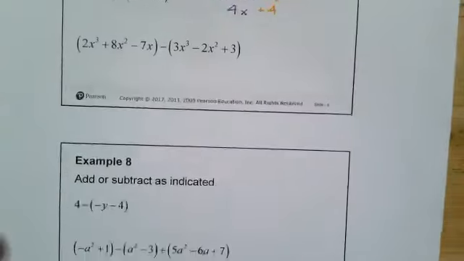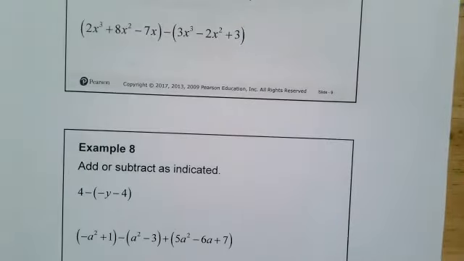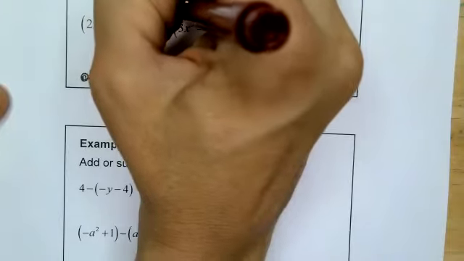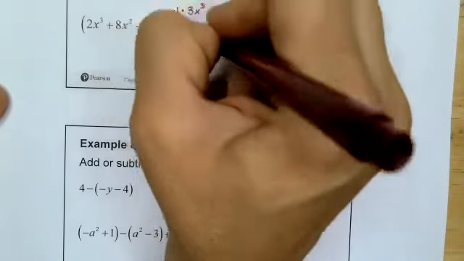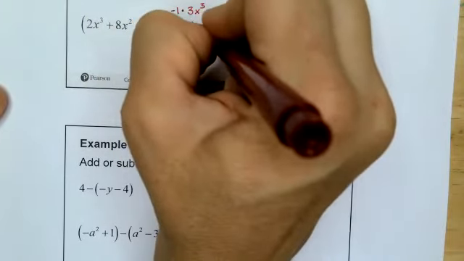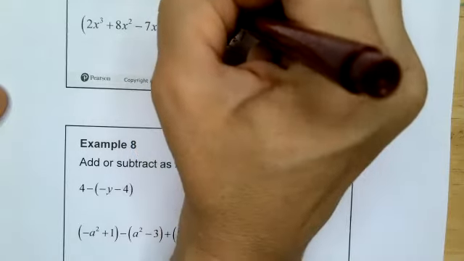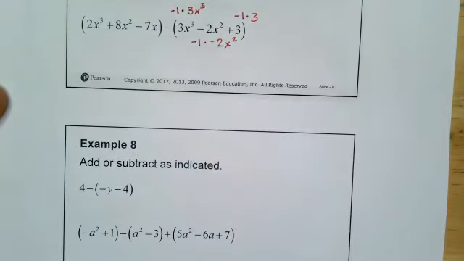All right, again, very important, distribute that negative 1. So it's a negative 1 times a positive 3x cubed. Negative 1 times negative 2x squared. Negative 1 times a positive 3.